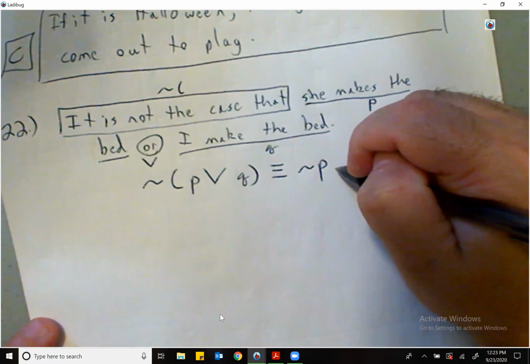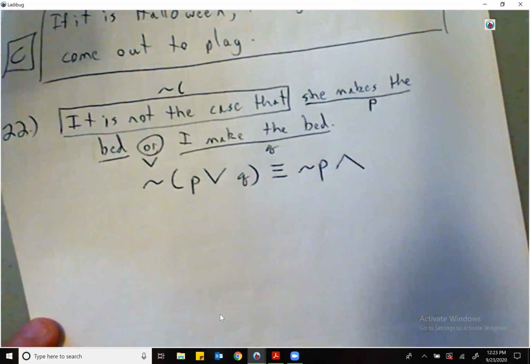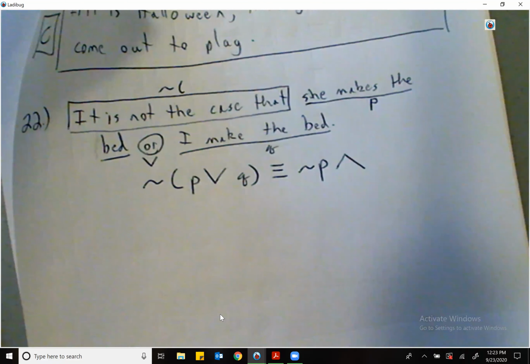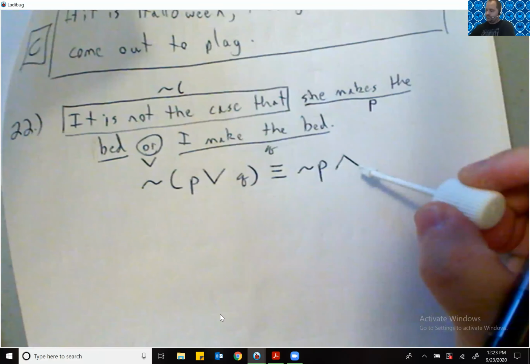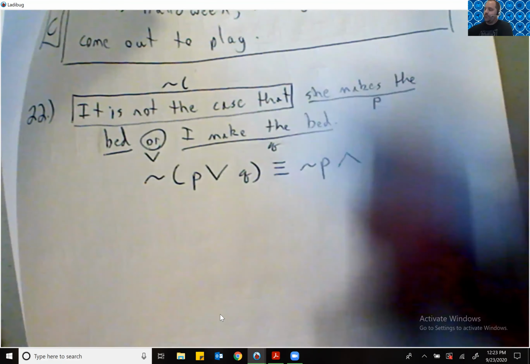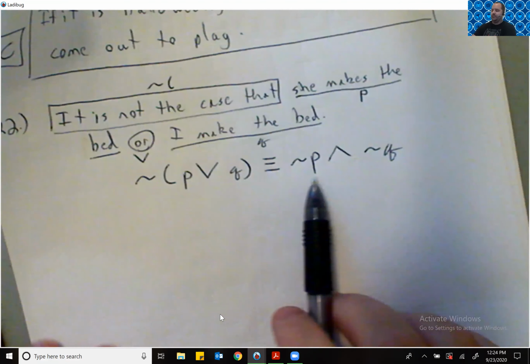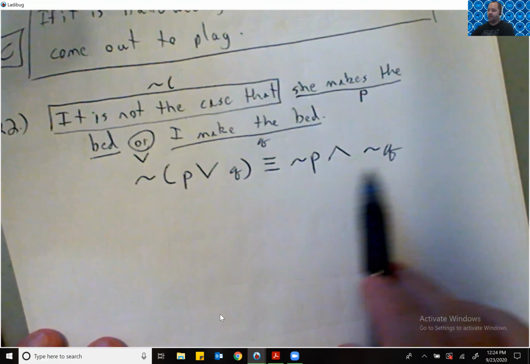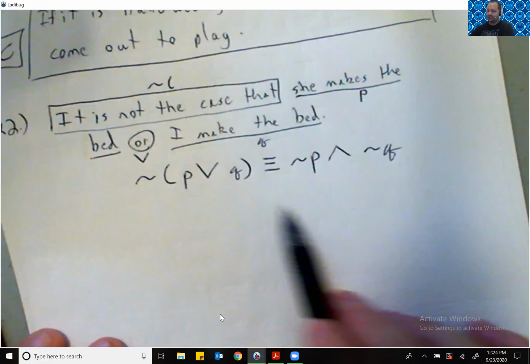It turns it into an and. It just flips it. Ors become ands. If it was an and, it would have turned into an or. And then negation would go to the Q and make that negate Q. So that is the statement we have to write. This is what we're after.